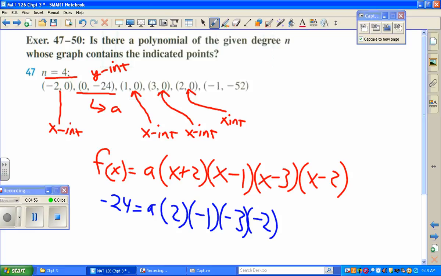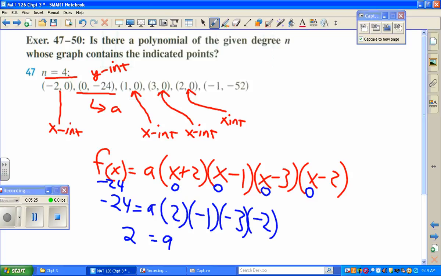So a has to equal what? Well, if I put 0 in for x, y has to equal negative 24. If I put 0 in for all these x's, I have to set it equal to negative 24. That's the coordinate on the graph. We use this one to find a.